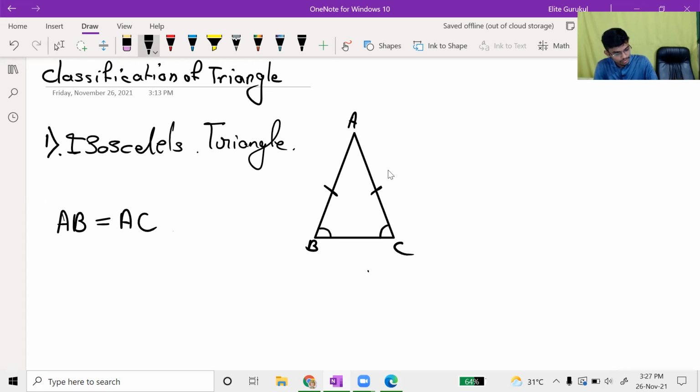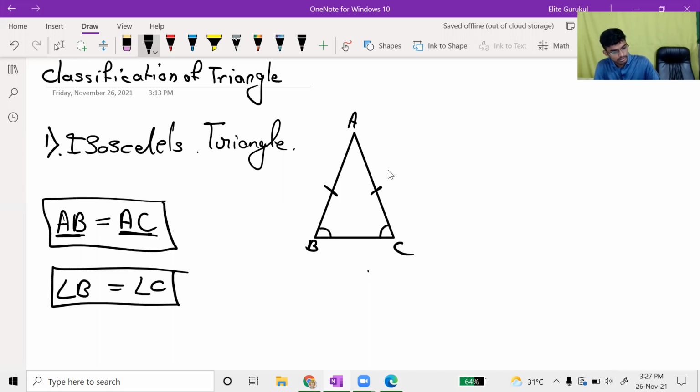The opposite angle to AC, which is it? Angle B. And what is the opposite angle of AB? Angle C. So these two angles will also be equal to each other. Simple. Any doubt? No, sir.